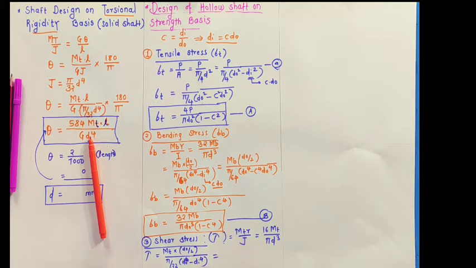Again I will have to convert this, as I know di is nothing but C into dO. So my equation would be Mt dO by 2 divided by pi by 32, dO gets common, that is dO raised to 4, into 1 minus C raised to 4. Check what I did: I put just C raised to 4 for di raised to 4, and dO raised to 4 gets common, and 1 minus C raised to 4 would be the outcome.